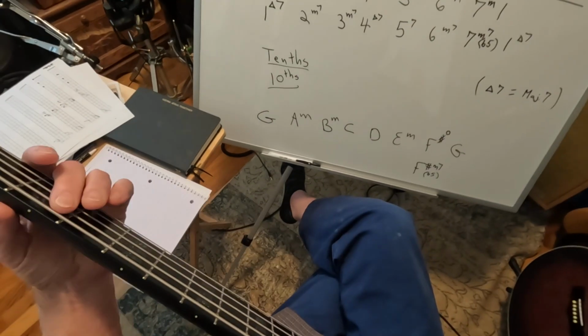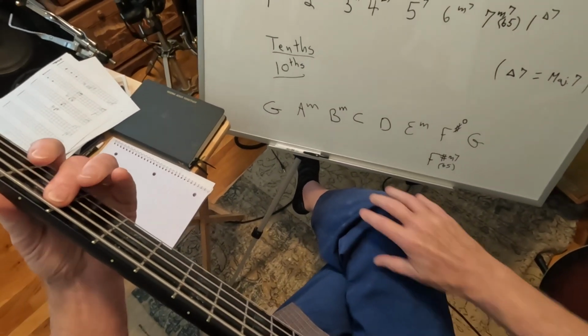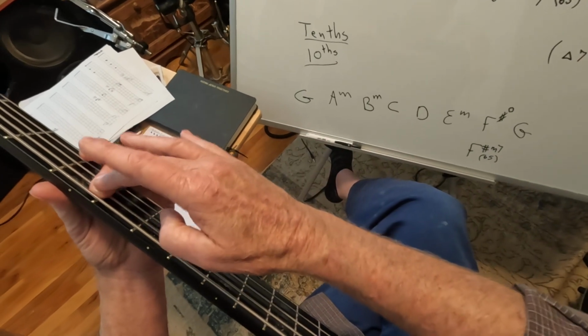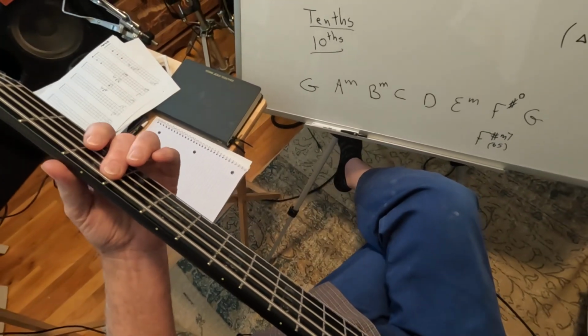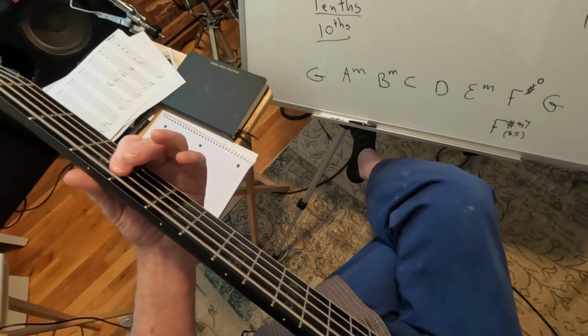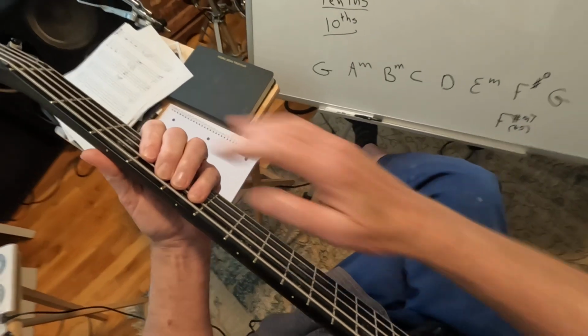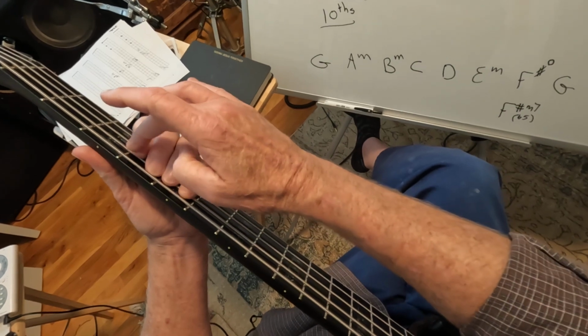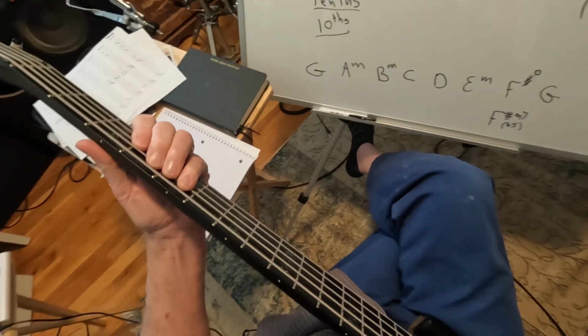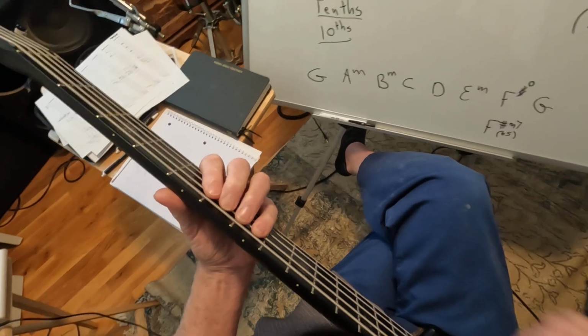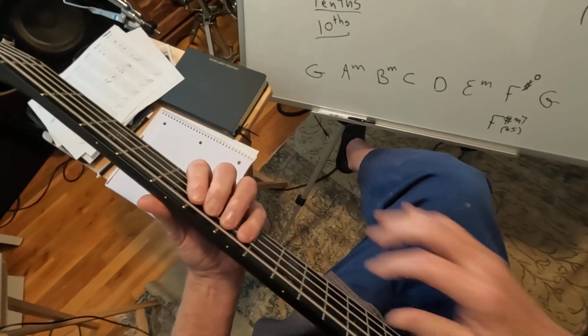If you had to play that on the G string, starting on G on the E string, in a straight line, you'd see from G to A, which is 1 to 2, there's a whole step, because there's a note between it. Between 2 and 3, there's a whole step.